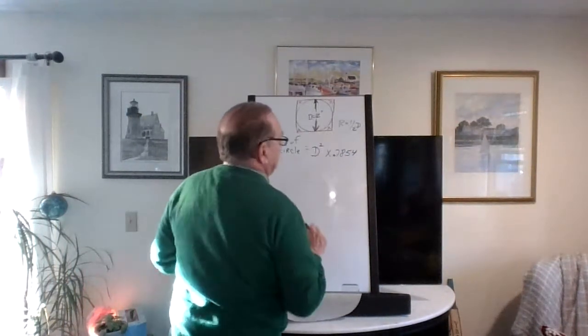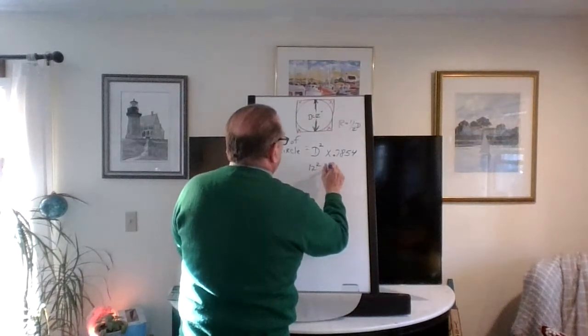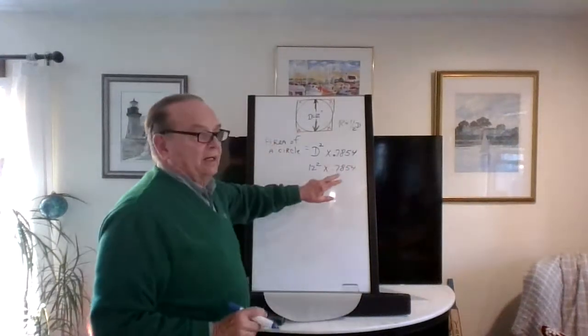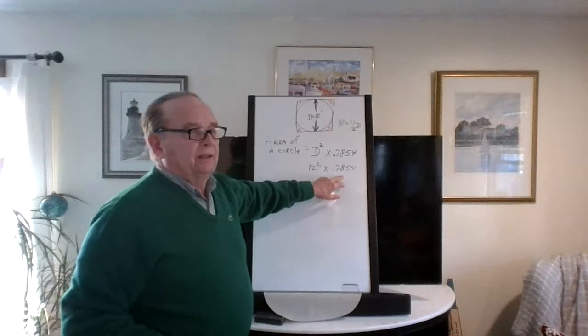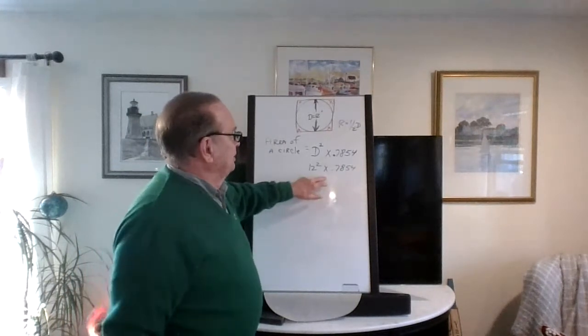This diameter, right, is 12 squared. This is like what they call a constant. It never changes. It's kind of like pi. It's one of those things that somebody really smart figured out probably thousands of years ago. All right.